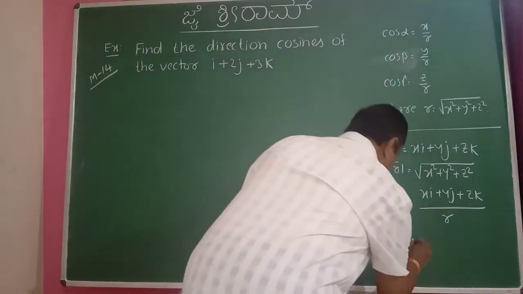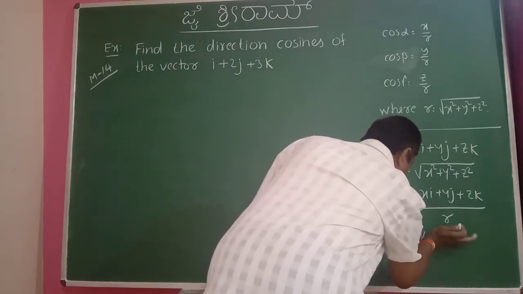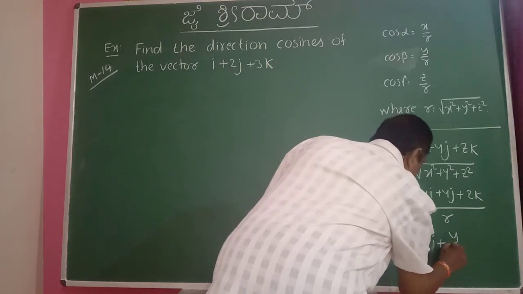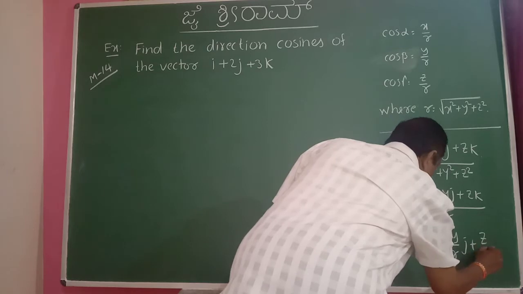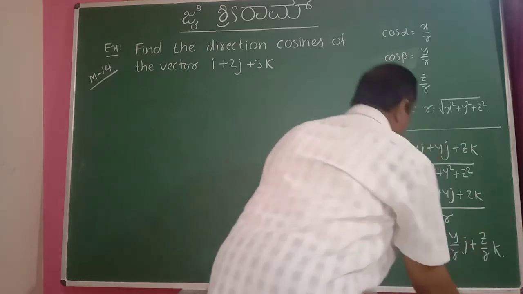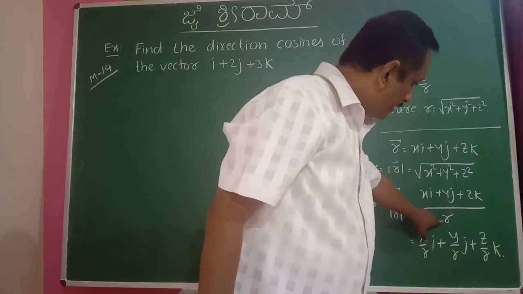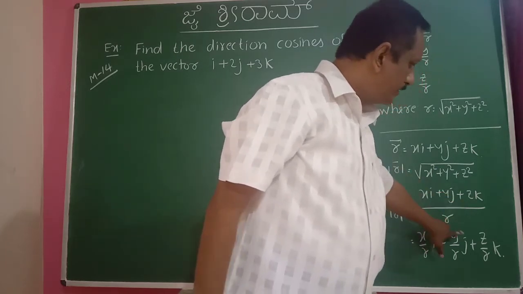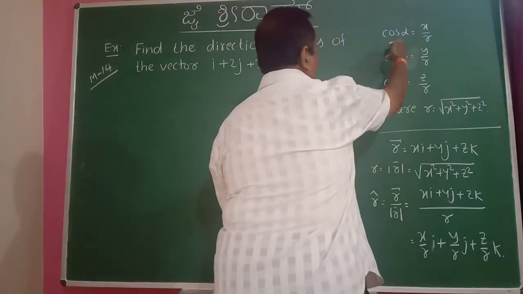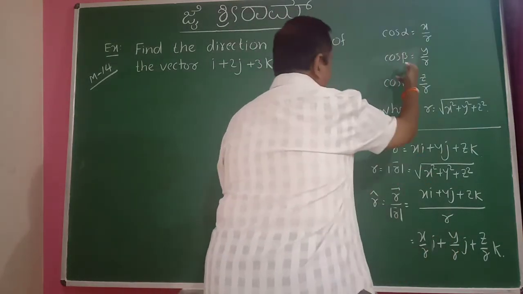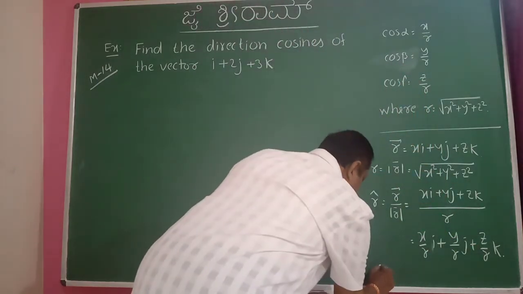Therefore you can write this as x divided by r into i plus y divided by r into j plus z divided by r into k. Here x upon r is cos alpha, y upon r is cos beta, z upon r is cos gamma. Therefore these are the direction cosines.